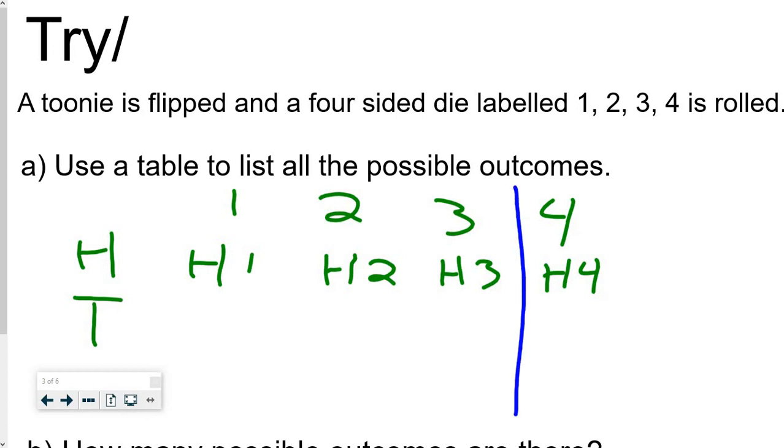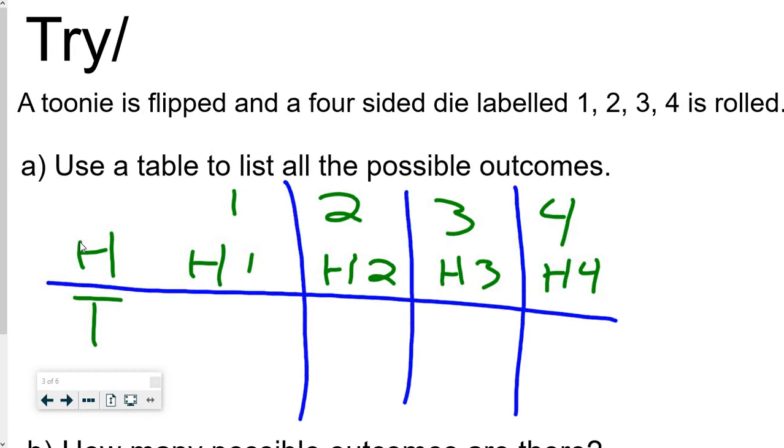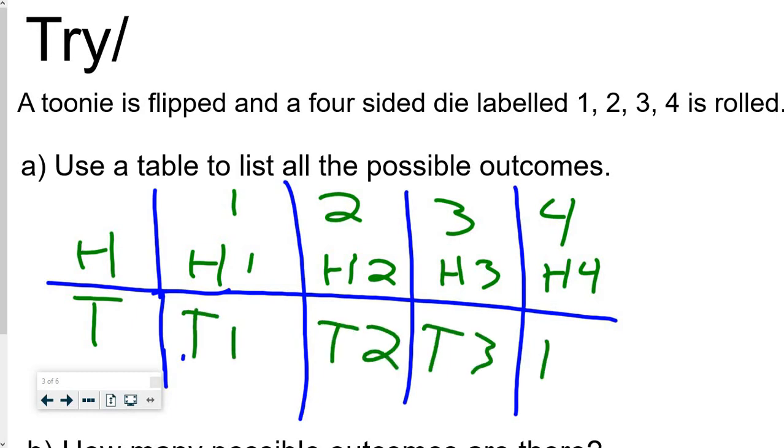We'll make this into more of a table. We have tails 1. Sorry. We'll make this green just to keep everything kind of happy. All you color freaks out there, tails 1, tails 2, tails 3, tails 4. I hope your table looks like mine.